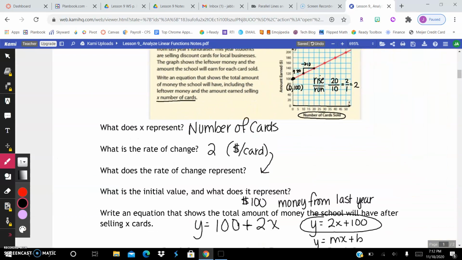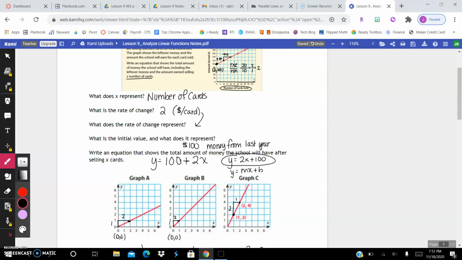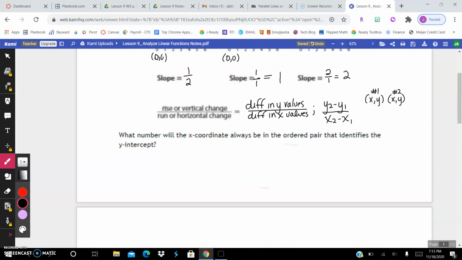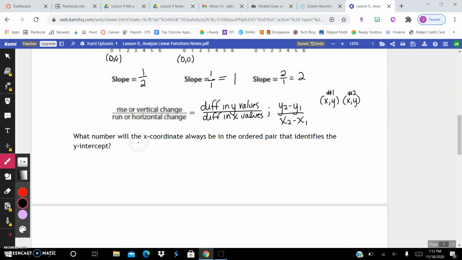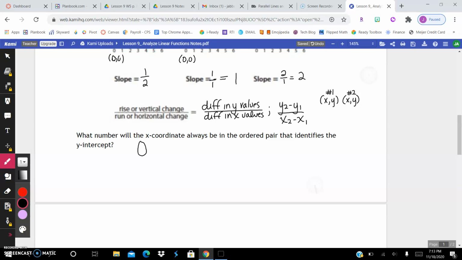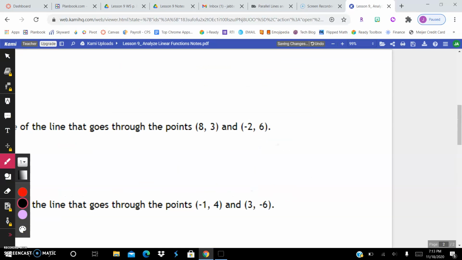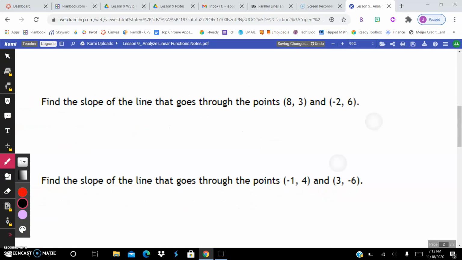So the question asked, what is the x-coordinate of all of the y-intercepts? Well, they're always 0 because you don't have to go over anything. You just have to go up or down to get to the y-intercept. So if you see an ordered pair that has 0 as the x, then whatever that y value is the y-intercept.